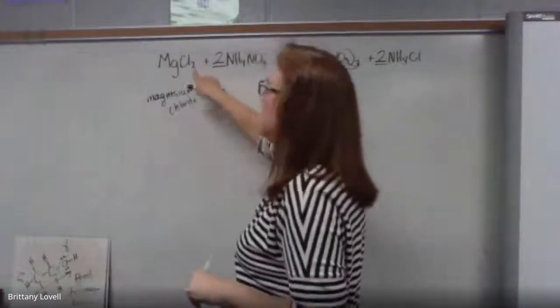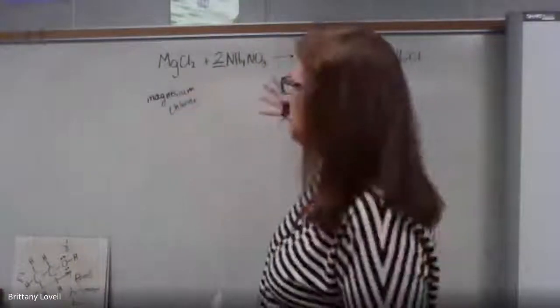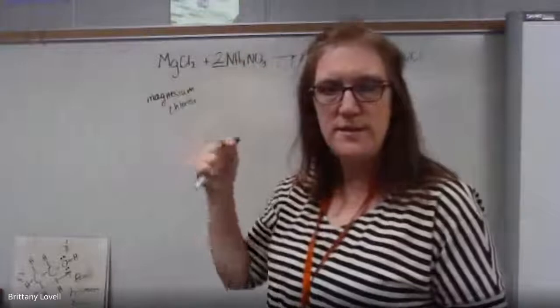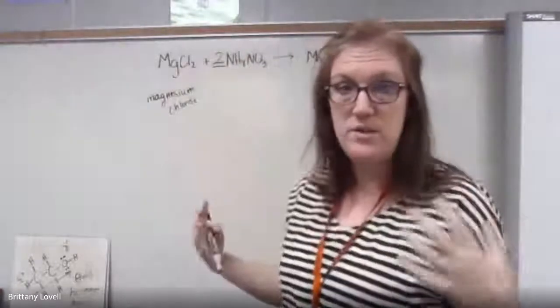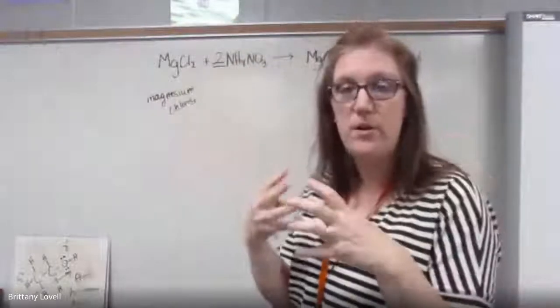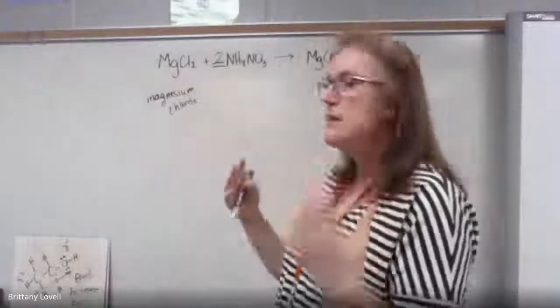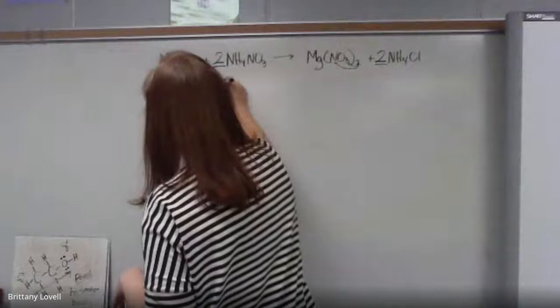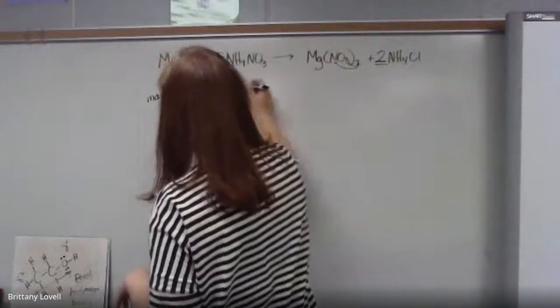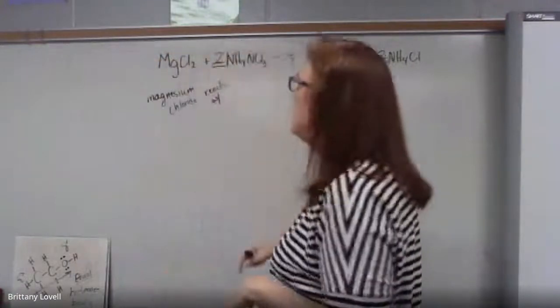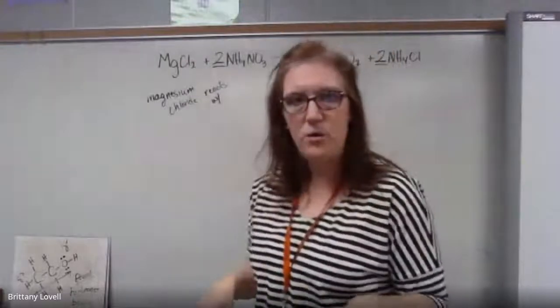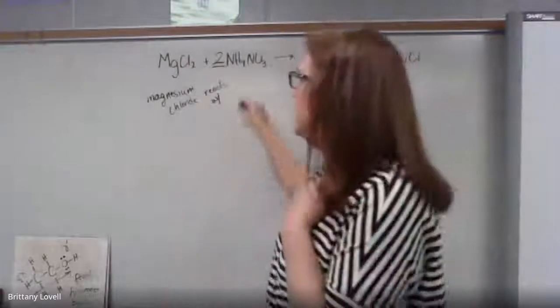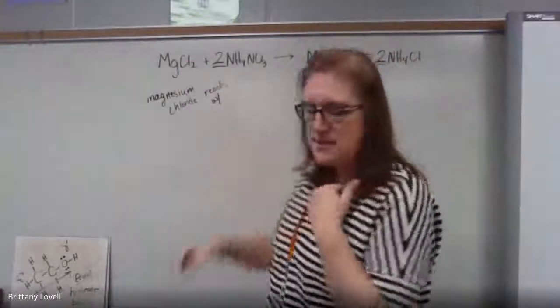and then it says plus. So because these are reactants, you want to tell whoever's reading this that you understand that they're going to have to react together. So magnesium chloride reacts with, and then right here, NH4NO3, that's a weird one. These have polyatomic ions in there.